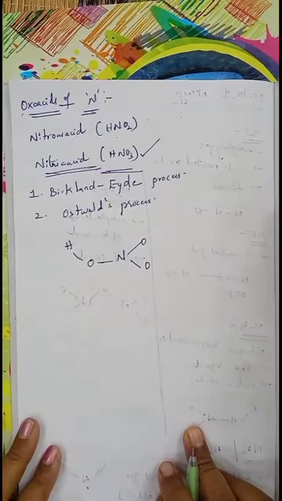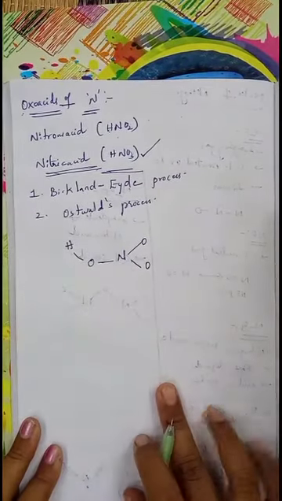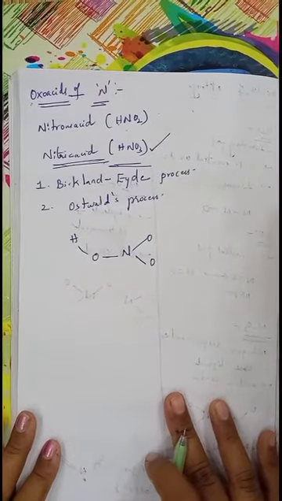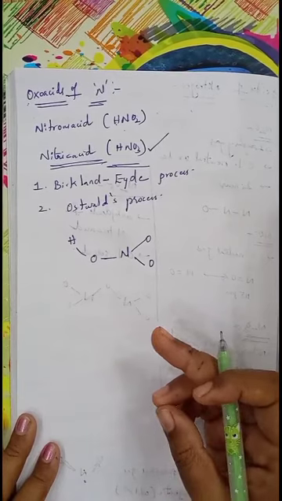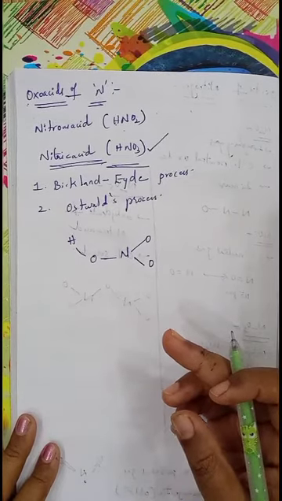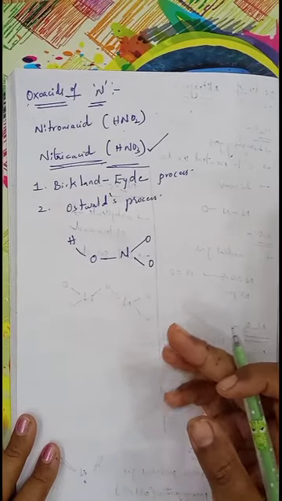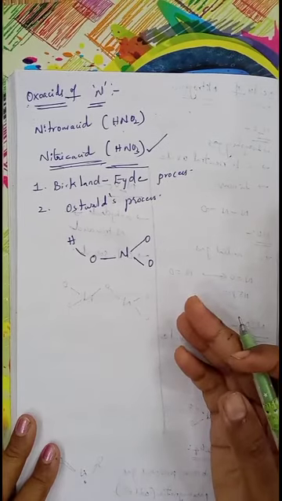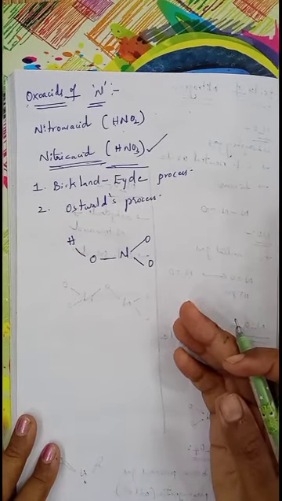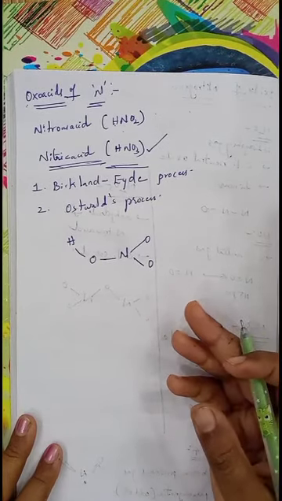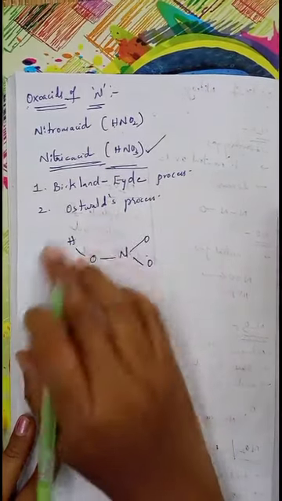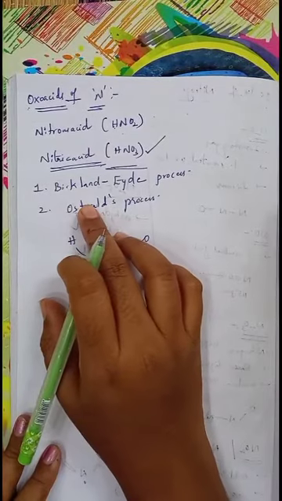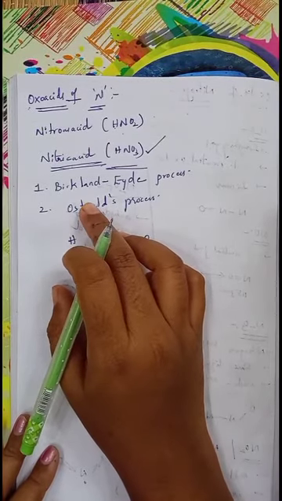This nitric acid is used as a laboratory reagent, and it is also used in explosives like TNT and nitroglycerin, and in the nitration mixture along with sulfuric acid. So different types of chemical properties and applications are there for this nitric acid. You want to remember these two processes which are used to prepare nitric acid in industries as well as in laboratories.